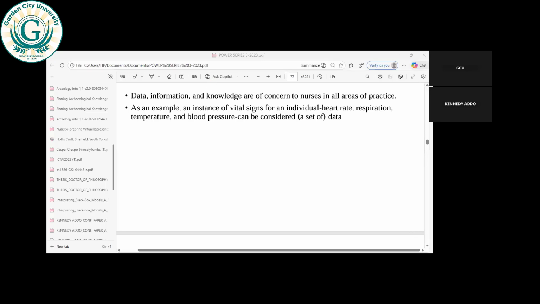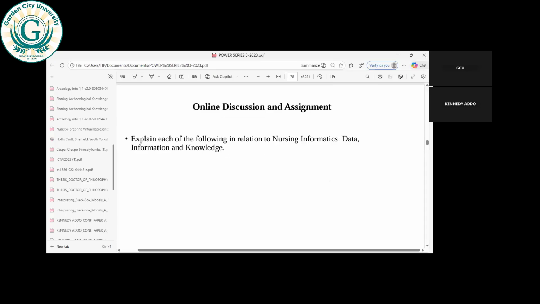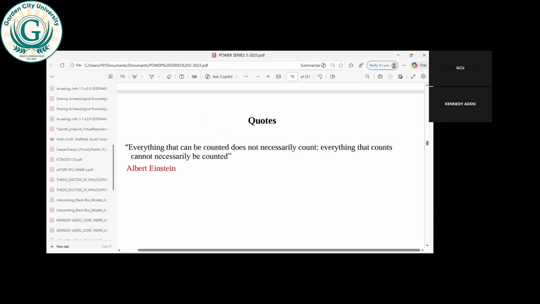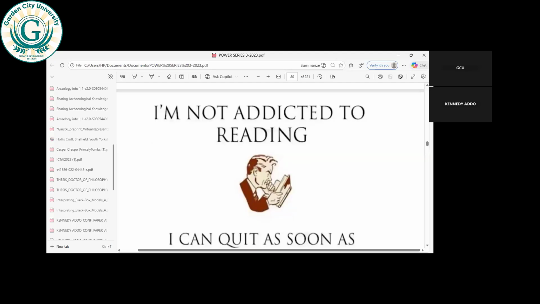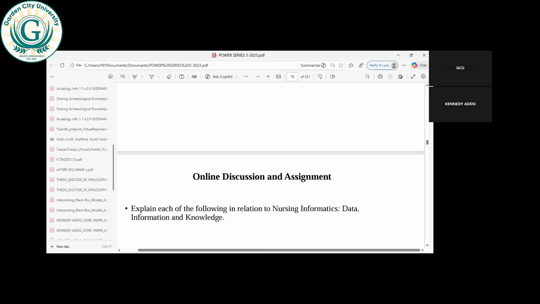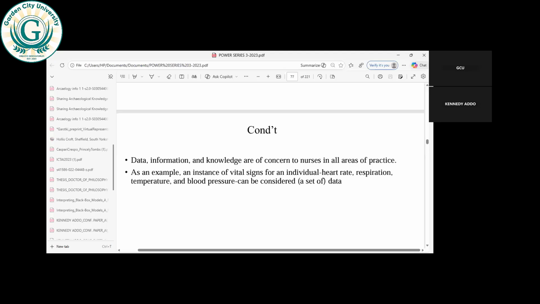Okay, so let me make progress, and then you appreciate this one. For this one, I think part of it is missing from the slide, but I'll make it available to you. I think I've already shared the complete one.